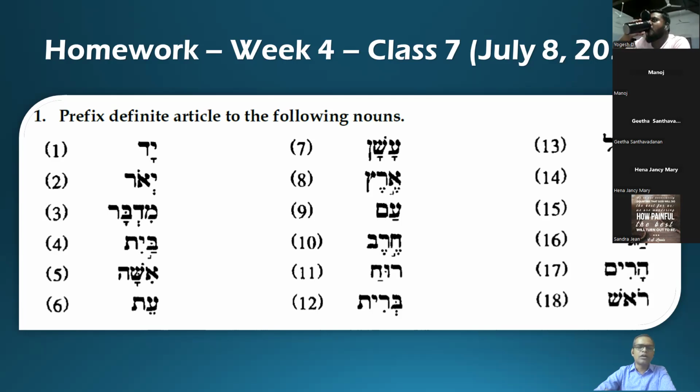Now, what type of definite article will appear before it? Ha with a pata. And a Dagesh Forte. Okay. So how will you read after prefixing it?